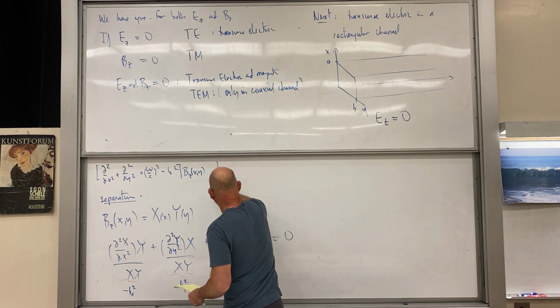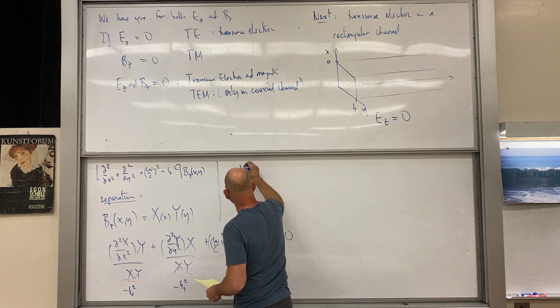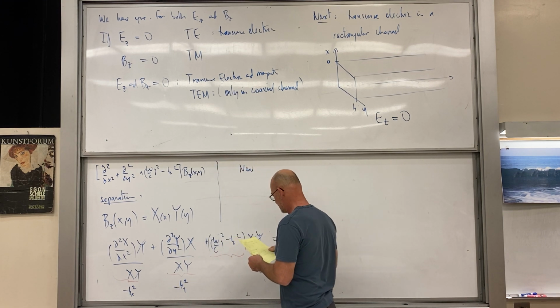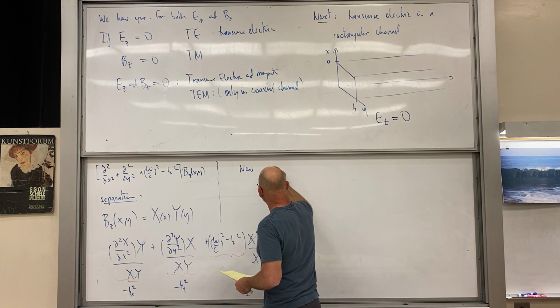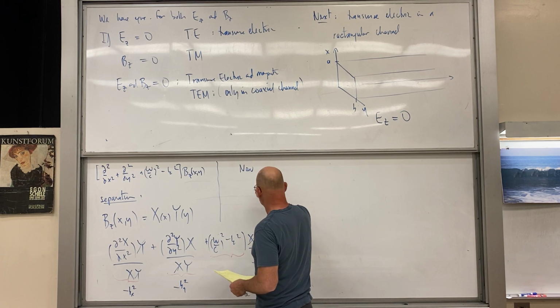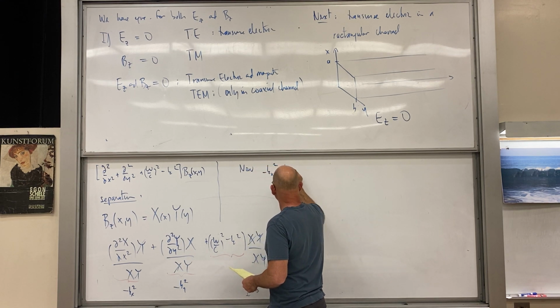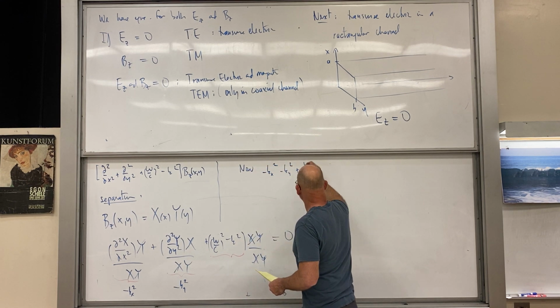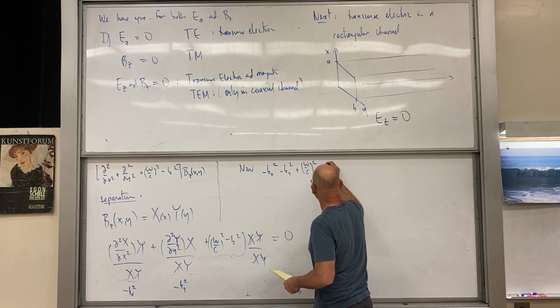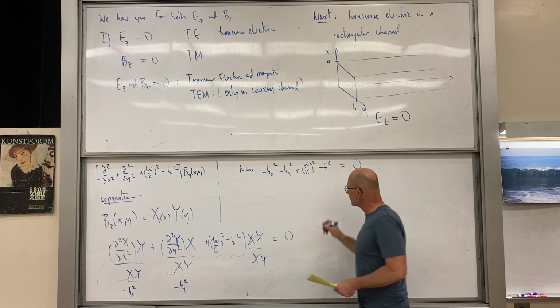So now what do we have? Let's write this out. Minus k_x squared, minus k_y squared, plus (ω/c)² minus k² is equal to 0.